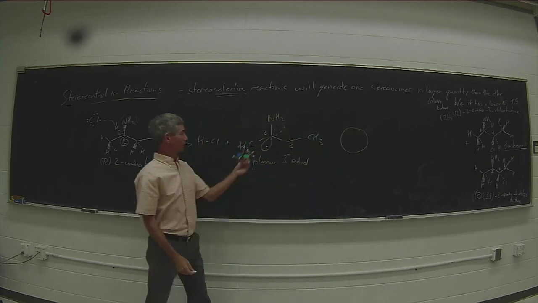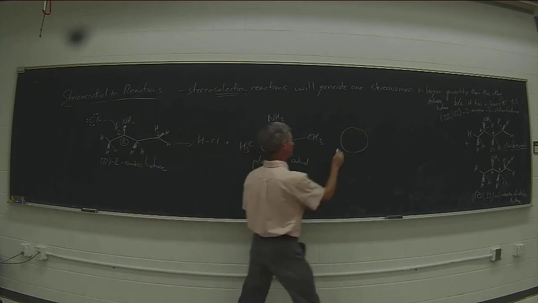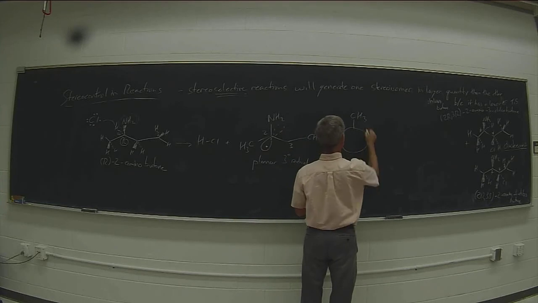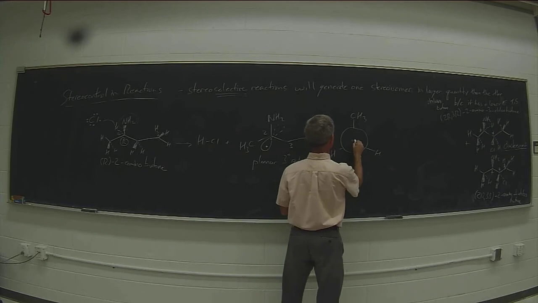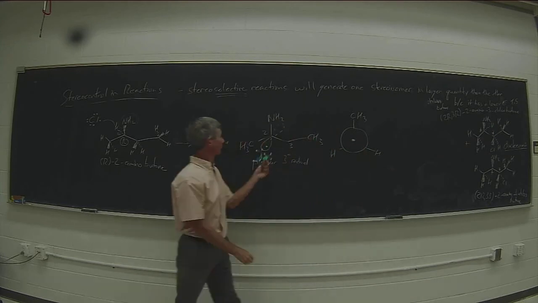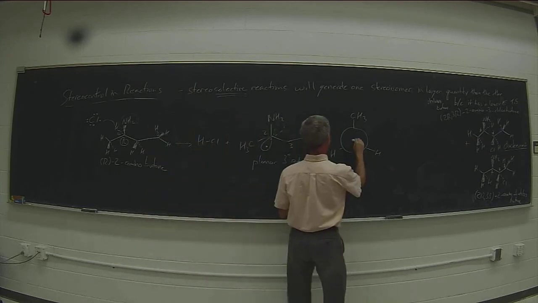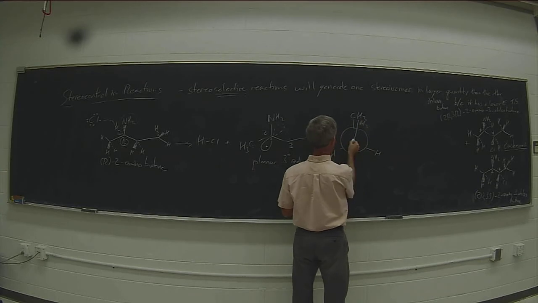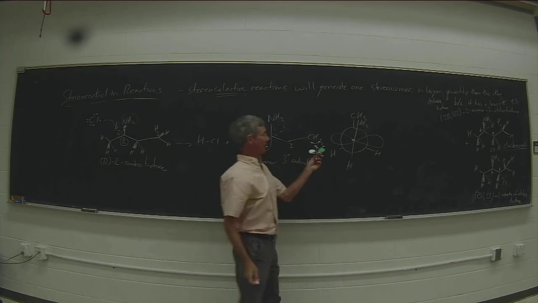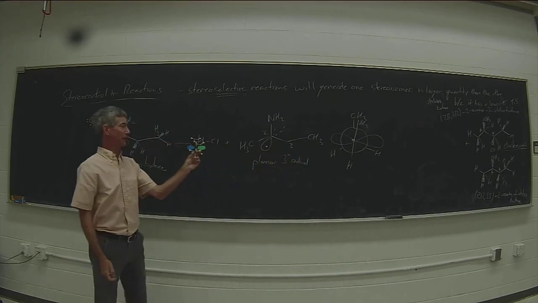If I look down the carbon 2 to carbon 3 bond, the methyl group on the back carbon is pointing up, hydrogen on each side, and then in the front, I've got my NH2 group sticking up, and my hydrogen sticking down, and then I've got my p orbital sticking out like that.